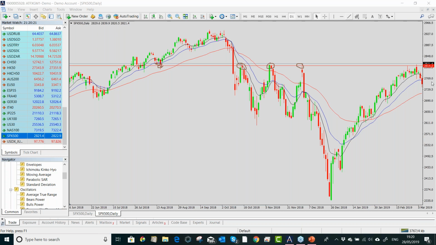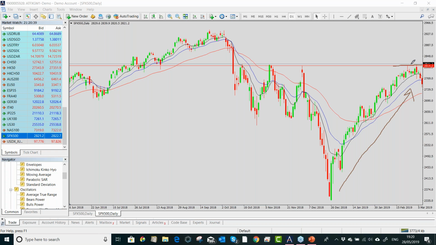So in terms of what I might want to do with my trading, we can see this uptrend here. And we've got this horizontal level here, and price has reached that horizontal level.